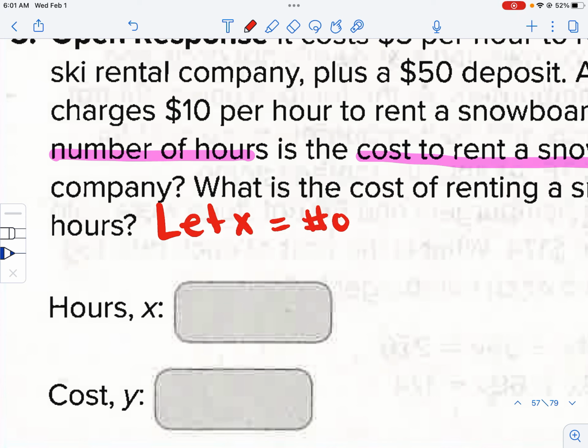Now, you could solve for x and then plug it in, but I personally like to do elimination. So what I'm going to do is try and get this coefficient right here to be the opposite of 4. So I'm going to multiply this by -4.